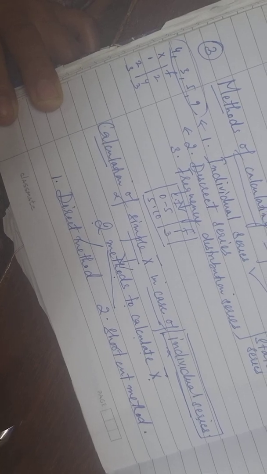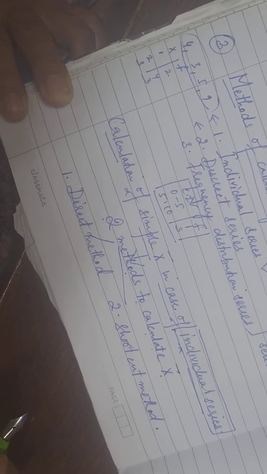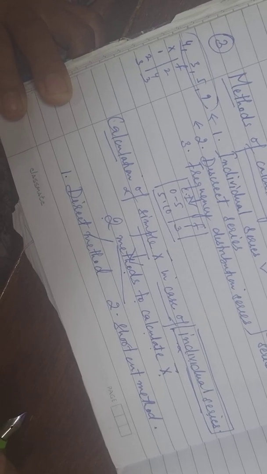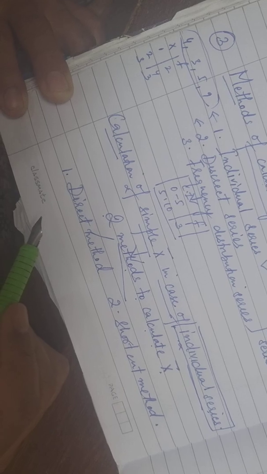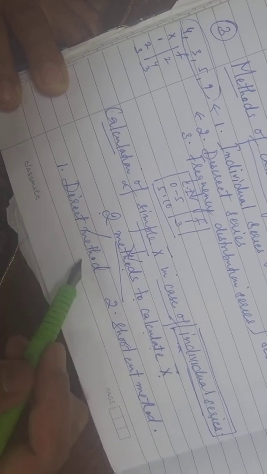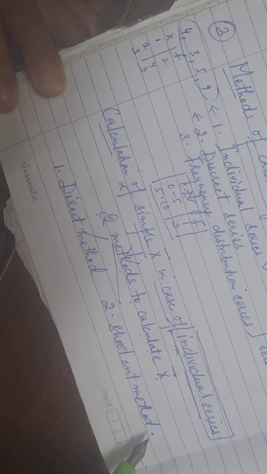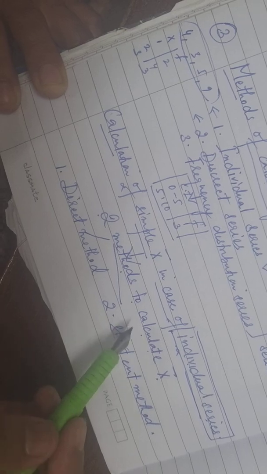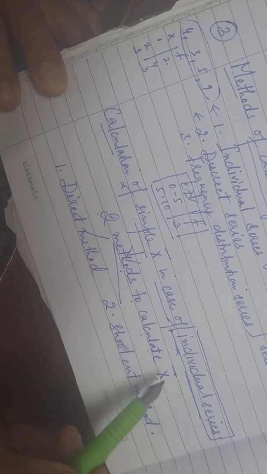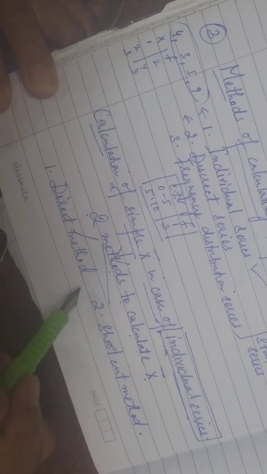Got it? Now what I will do is I will take up one example and show you how to use direct method as well as shortcut method. Is that clear? So now we are going to see how to calculate arithmetic mean in individual series by direct method.